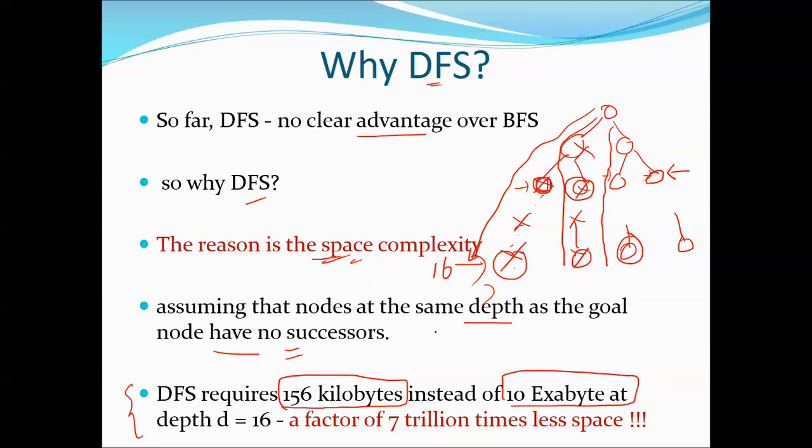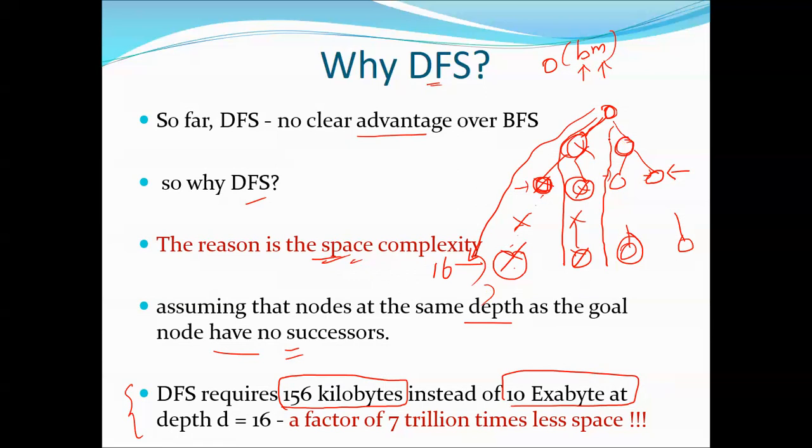You're getting it? So its space complexity is order of bm. What is b? b is the branching factor, that is, the maximum number of children a node can have, and m is the maximum depth. So at each level you are expanding. When you expand this node, you get 2 children if it is a binary tree, because the branching factor is 2.